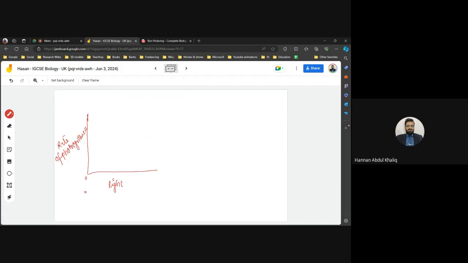Light is at zero at this point. Remember that the optimum temperature, or the ideal temperature, is 40 degrees Celsius. And the optimum amount of carbon dioxide is basically 0.34. Doesn't matter if it is present in the air or not, but it is 0.34.